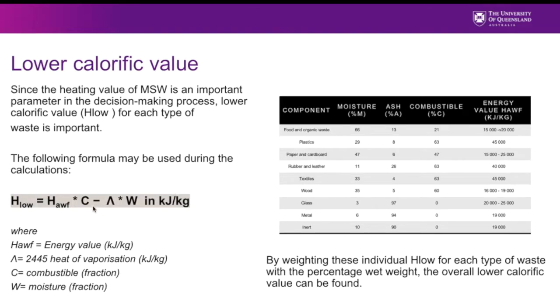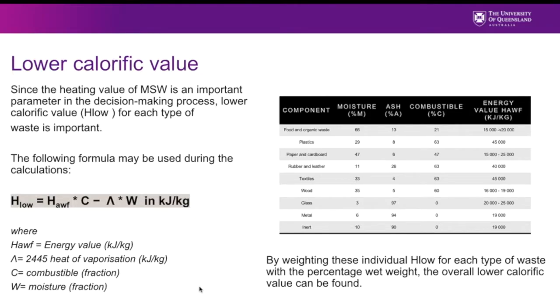And then we need to take out the energy that will be diminished due to the heat of vaporization of the moisture, that is, the water content of the components.